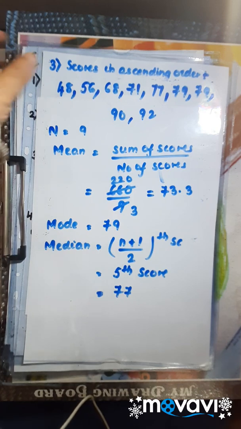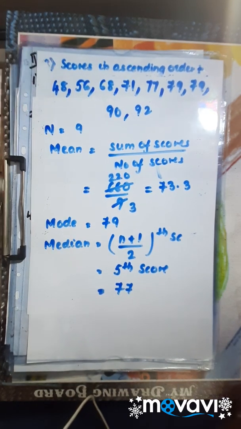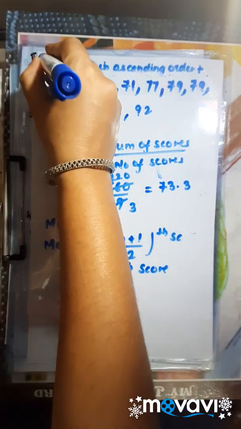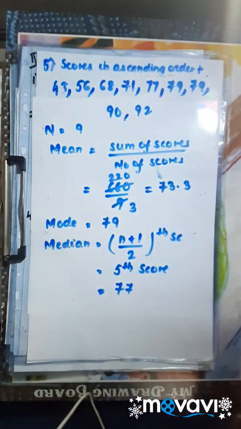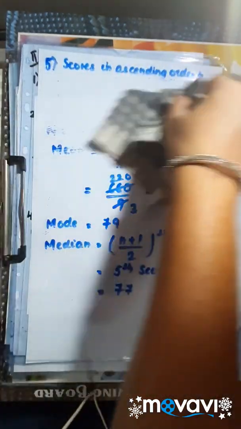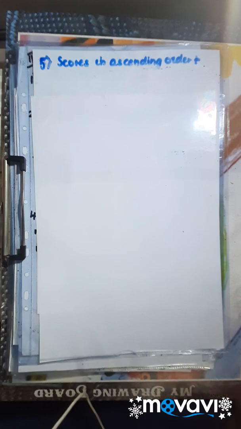77 is my median. This is my sum number 4. Now I'm moving to sum number 5, slightly different sum.